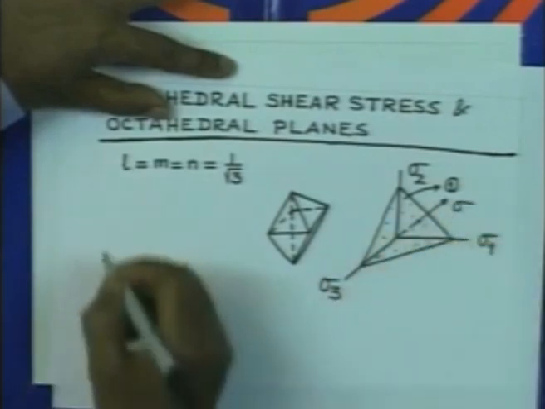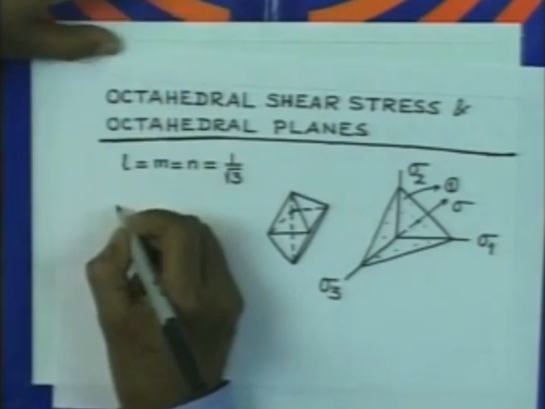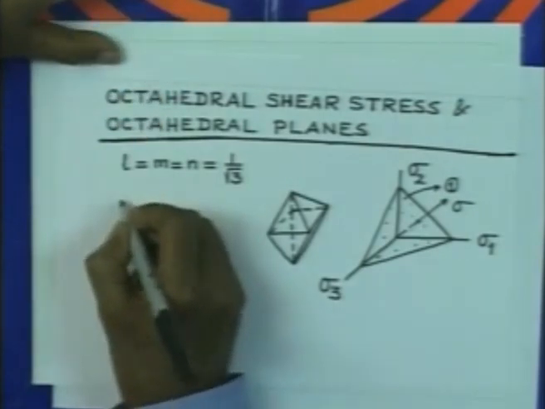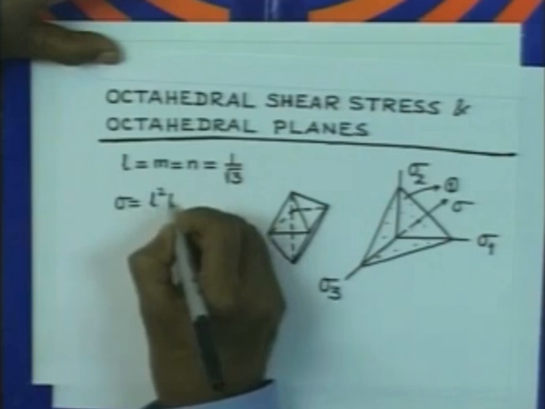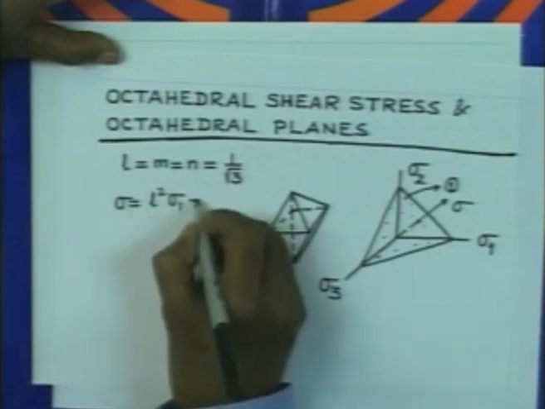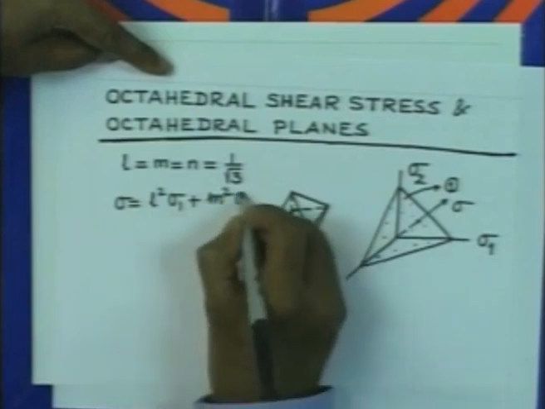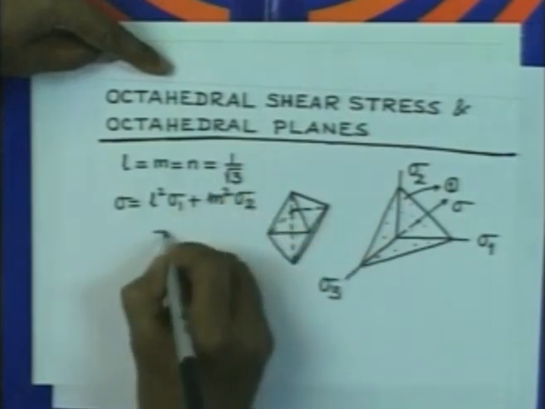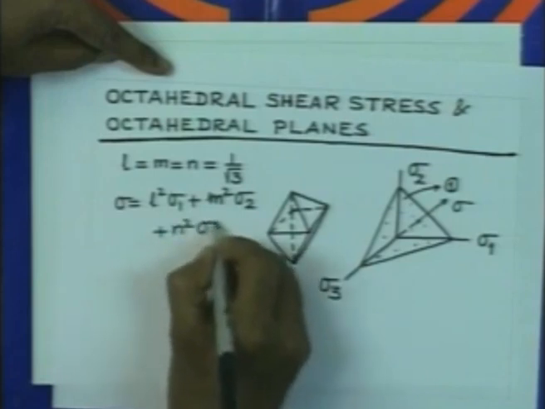sigma is going to be given by, as we have derived in the last lecture, that sigma on this plane can be written in terms of l square sigma 1 plus m square sigma 2 plus n square sigma 3.